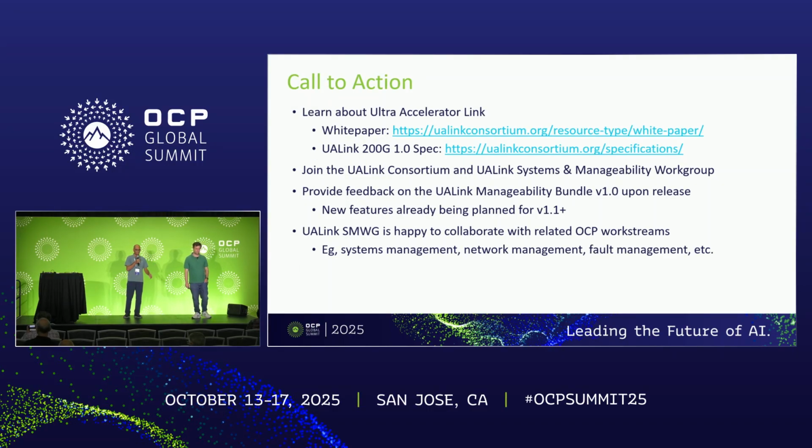And then call to action. We have all the links here. We do have GitHub. All the members of UALink have access to GitHub. We definitely want feedback on all the fronts we've talked about so far. Modeling, especially details around modeling.